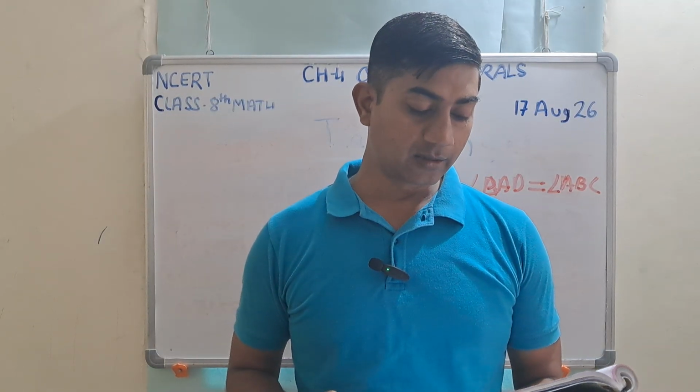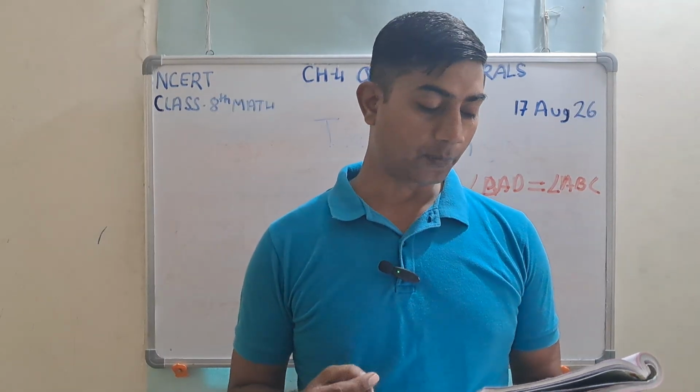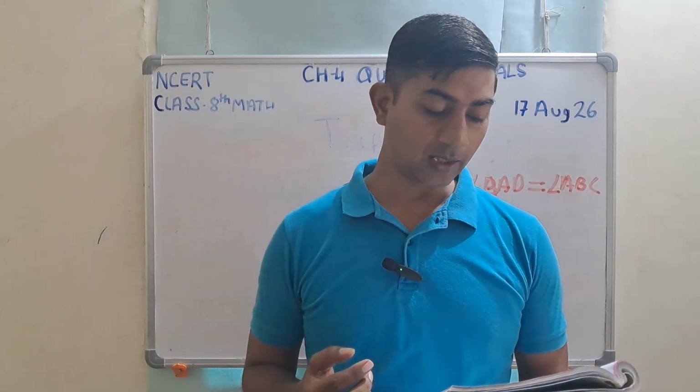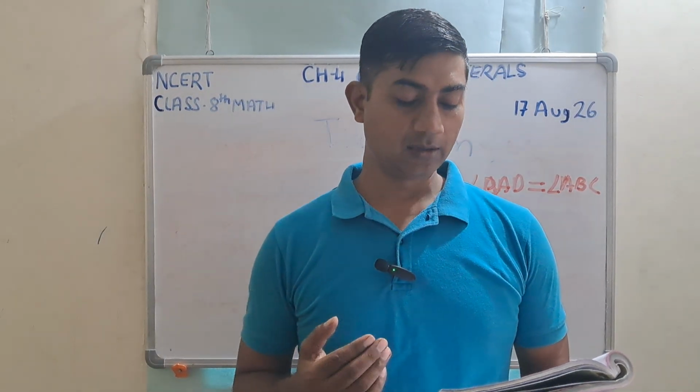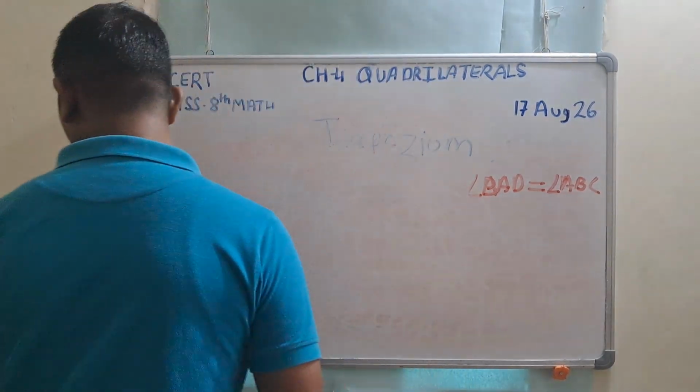Find all the sides and angles of a quadrilateral obtained by joining two equilateral triangles with sides 4 centimeter. This exercise we have done already.